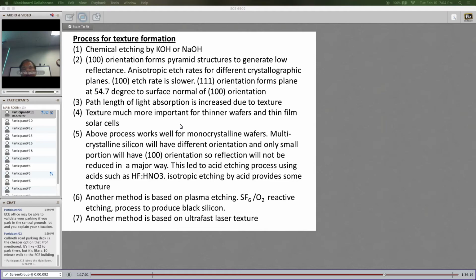This method will not be applicable. So people have developed some acid-based methods for multicrystalline wafers. People have used other methods like chemical assisted etching with SF6 or even a pulsed laser ablation process for microtexturing of surfaces.